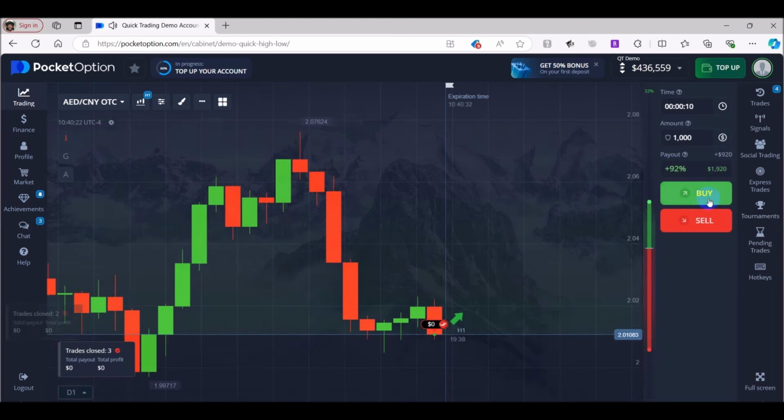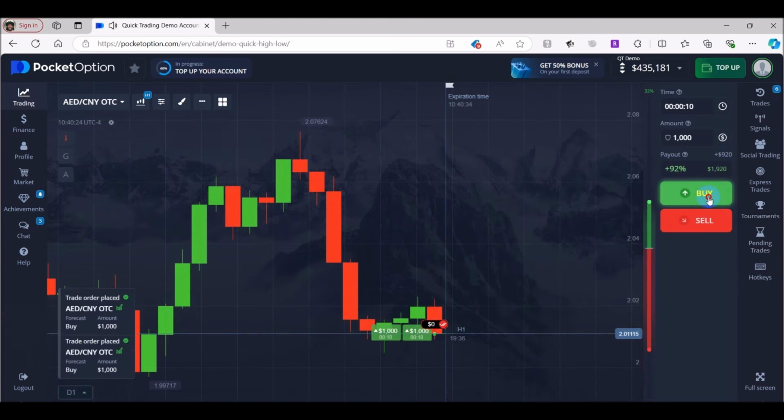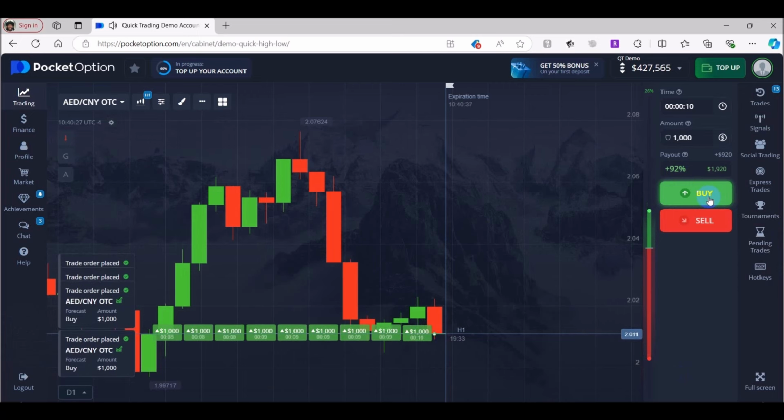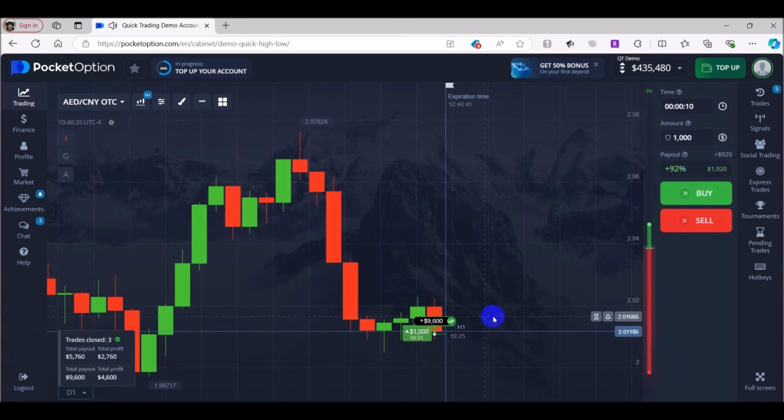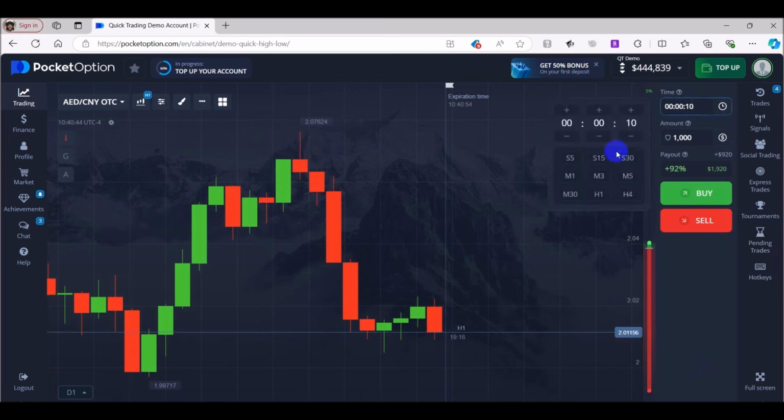Okay, so it's pushing past. Let's come back up and we windows. Check out the balance. Let's see if we can get to 450.